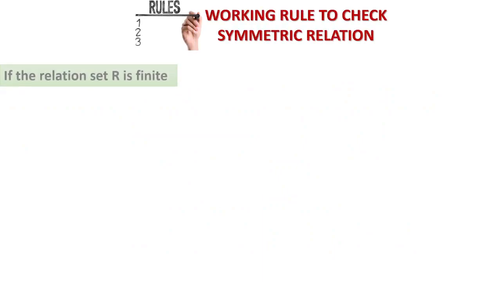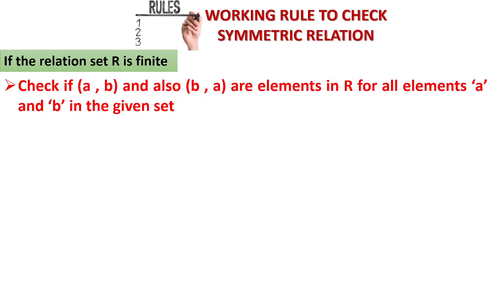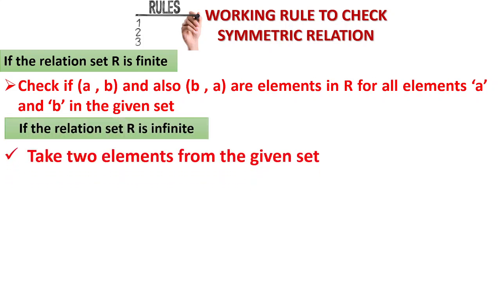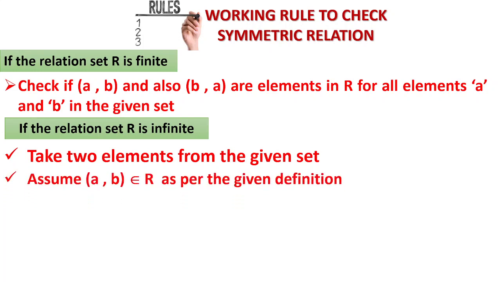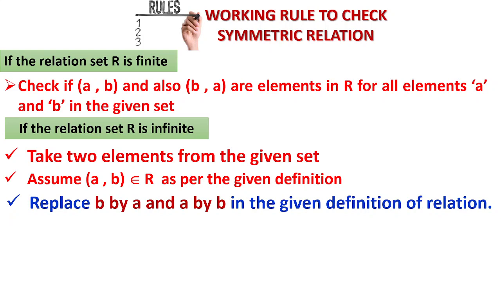What is the working rule for it? Suppose it is finite, you check whether for every (a, b), (b, a) is also there in the set. For example, (1, 2) is there, (2, 1) should be there. If (3, 5) is there, (5, 3) should be there, like that. Suppose the relation is infinite, take 2 elements from the given set, then assume (a, b) as per the given definition, then replace b by a and a by b in the given definition.